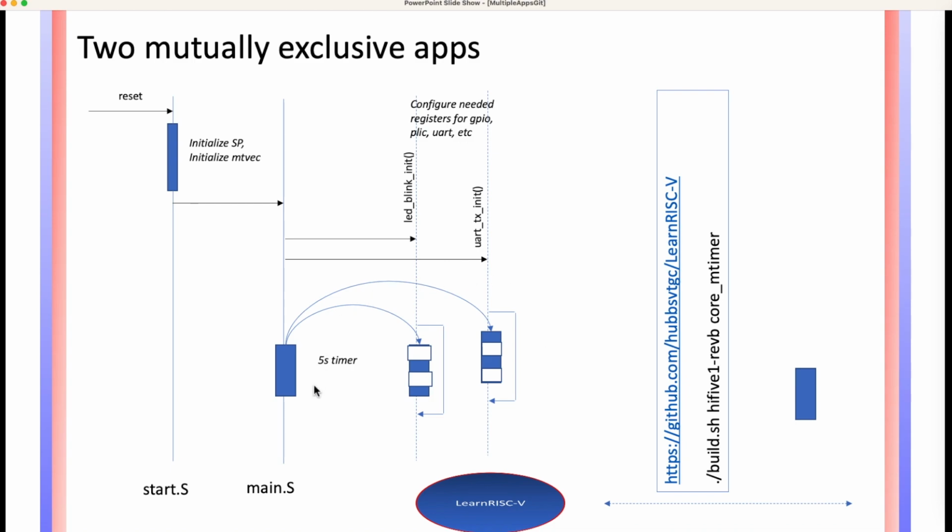Then it would be switching between these two tasks every 5 seconds. In other words, each task would be executing for 5 seconds alternately. Okay, this is just a primitive task switching. Okay, let's see how it works.